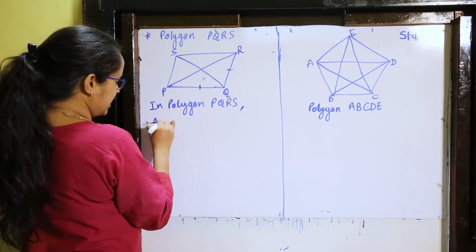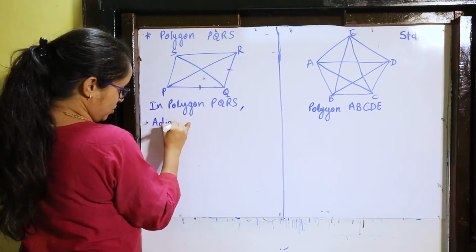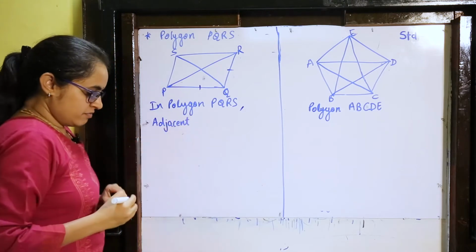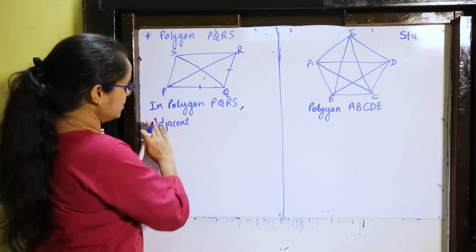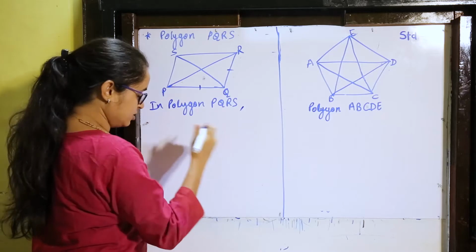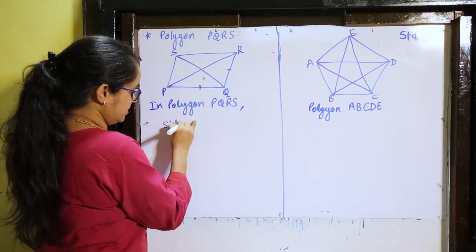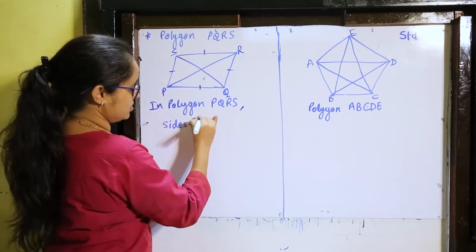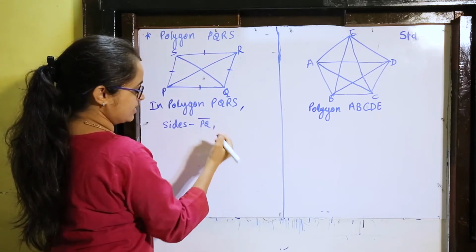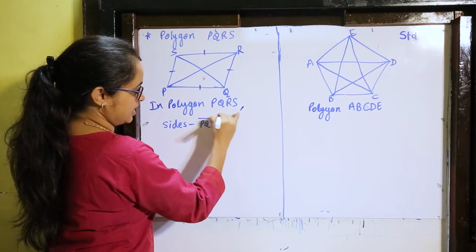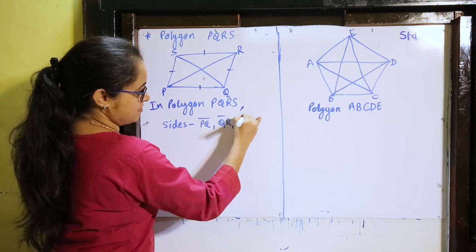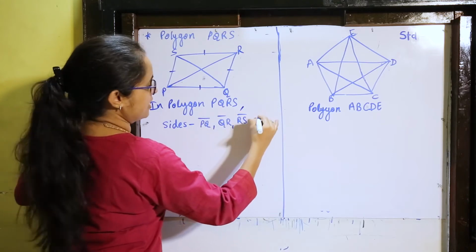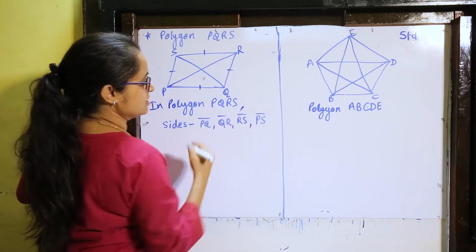Adjacent means next to each other. So first, the sides. These are the sides: line segment PQ, line segment QR, line segment RS and line segment PS.